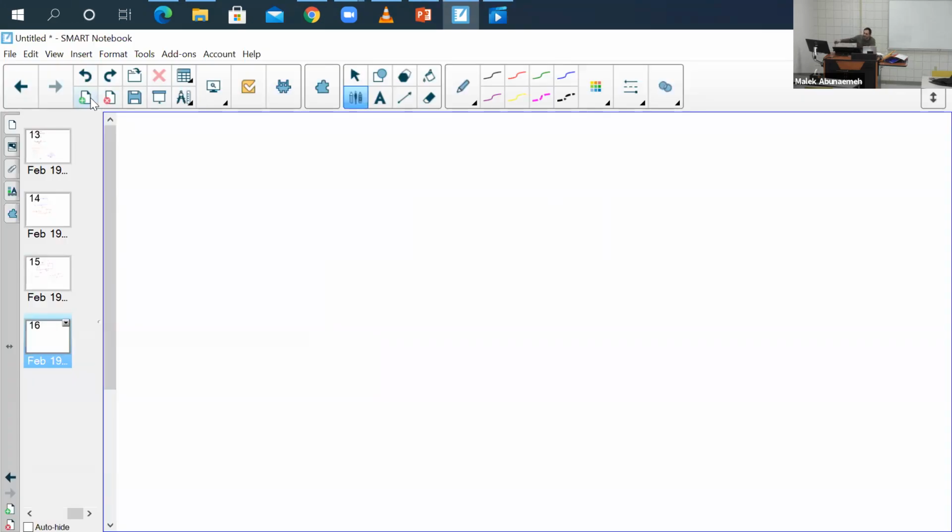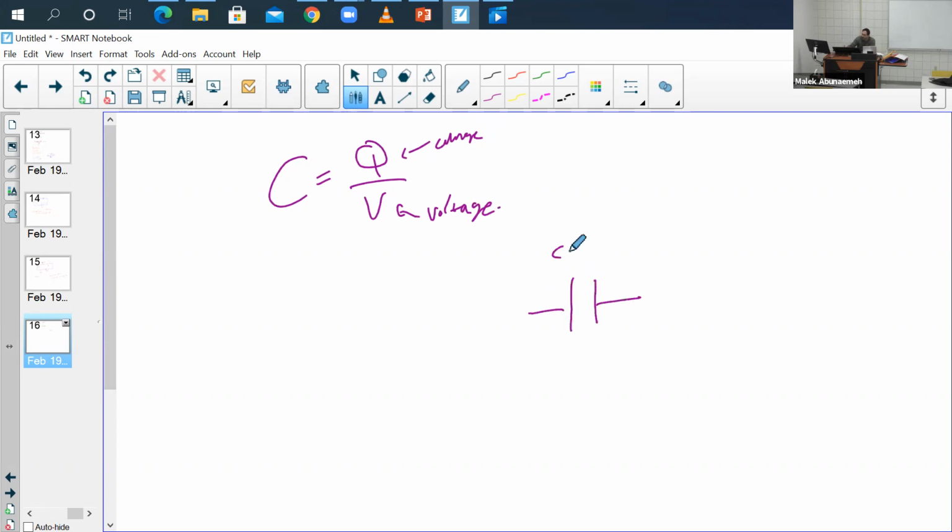Alrighty, so this one talks about the capacitors, which is your charge per volt. Voltage. Now, two parallel lines, that's a capacitor. Two parallel lines going in.